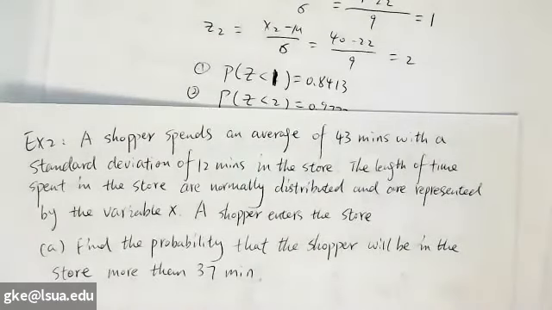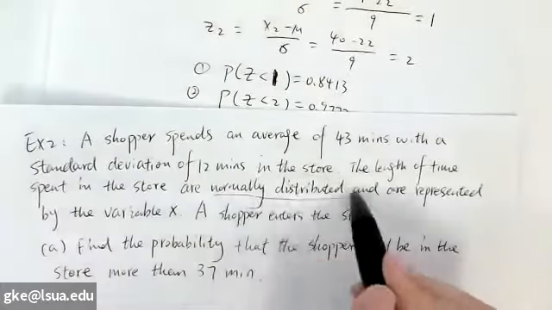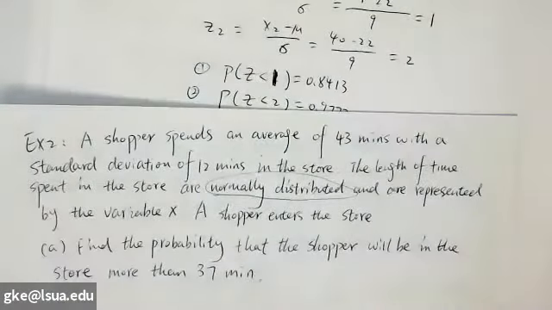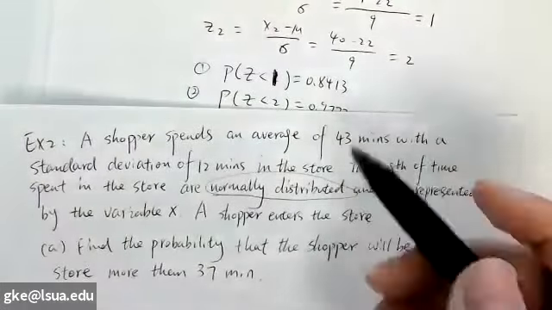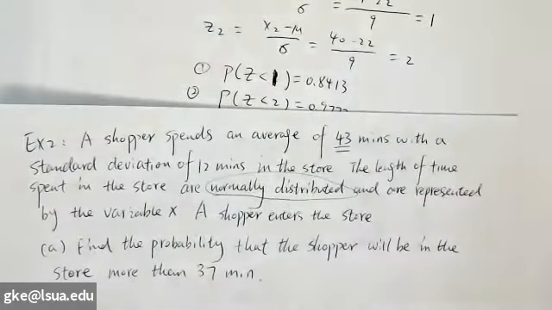Okay, now let me do it on board. So let's grab some keywords. The first thing you know is that it is normally distributed. So it's about normal distribution. That is not standard normal distribution. And we also know the average is 43.